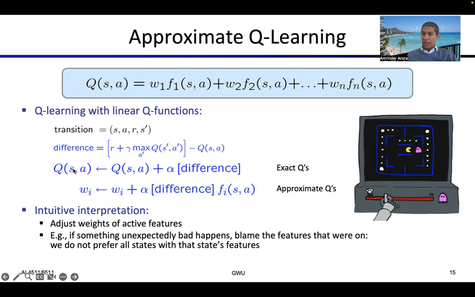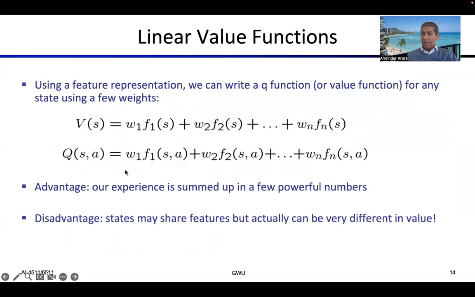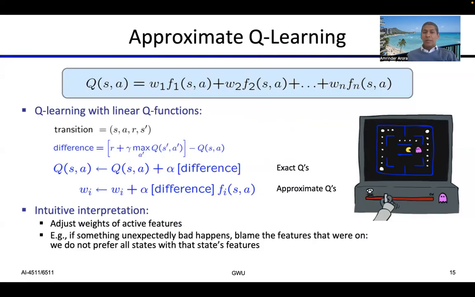So we don't really have the Q values because, as you know, Q values are now the summation of the Wi and Fi values. So really what we have is Q is now represented by these Ws. All states are now represented by these Ws. So every time we have a learning episode, we will simply adjust the weights. That's all we really have to adjust now. We're not really keeping the Q(S,A) values, rather we're changing the W values.